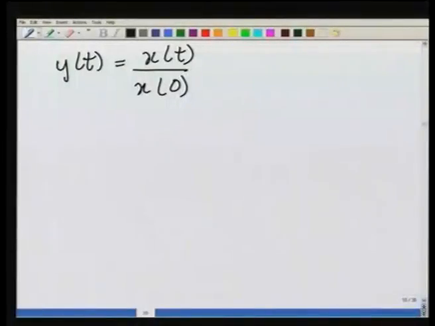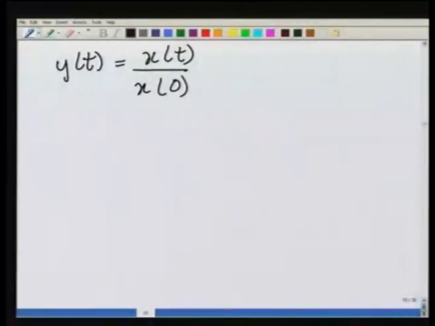Is this system linear? We want to know if the output is such that the system's homogeneity and additivity can be demonstrated. Now, look at this expression carefully. There can be a problem here, because this definition of a system itself is suspect.